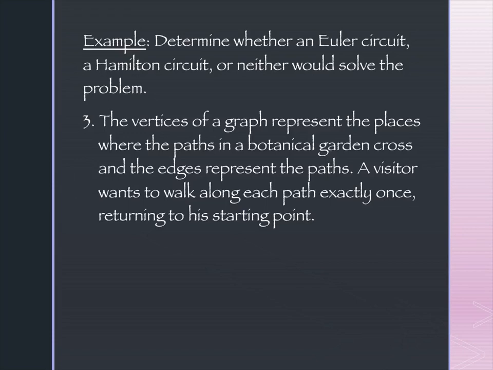So every time the sidewalks cross, that's a vertex. And the edges represent the actual sidewalks, the paths between those two locations. A visitor wants to walk along each path exactly once and return to his starting point. Is he attempting a Hamilton circuit, or an Euler circuit?